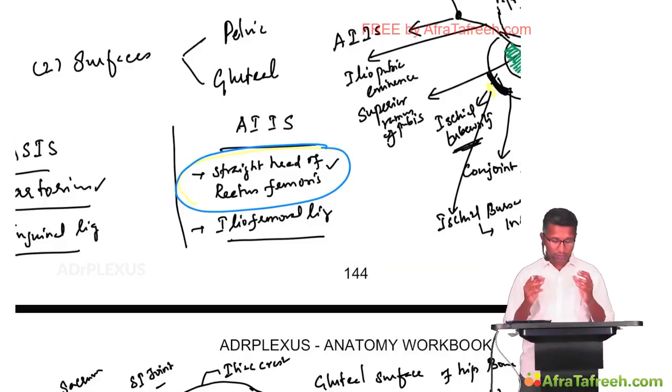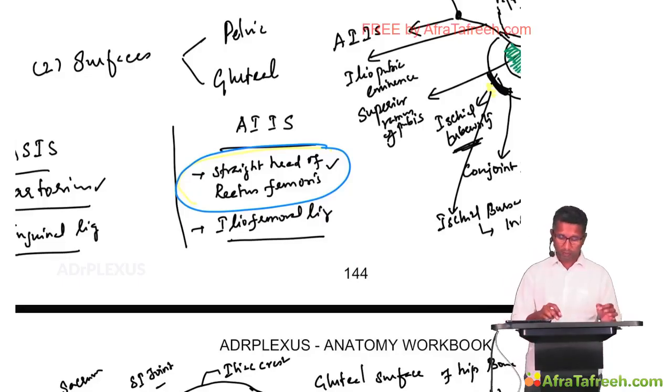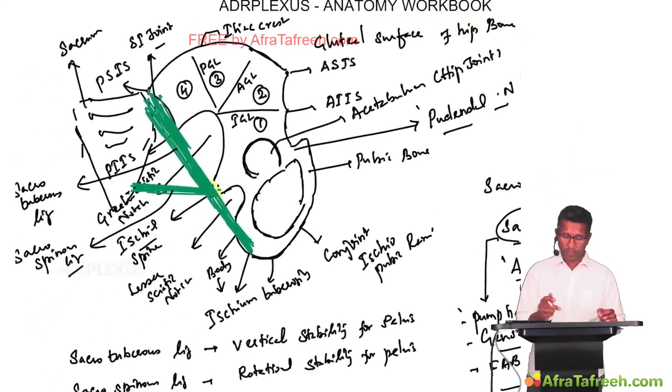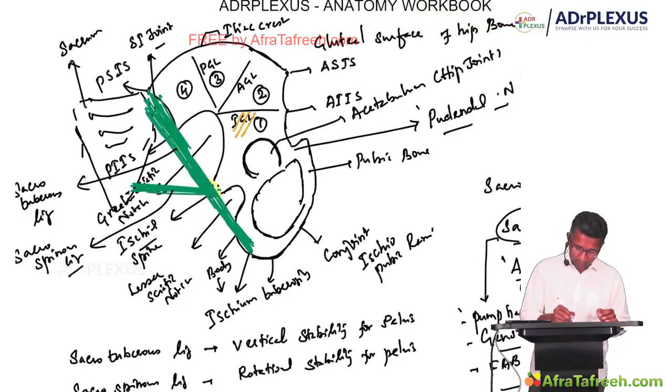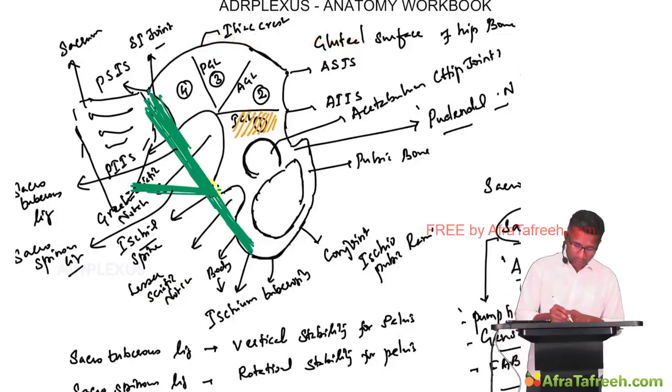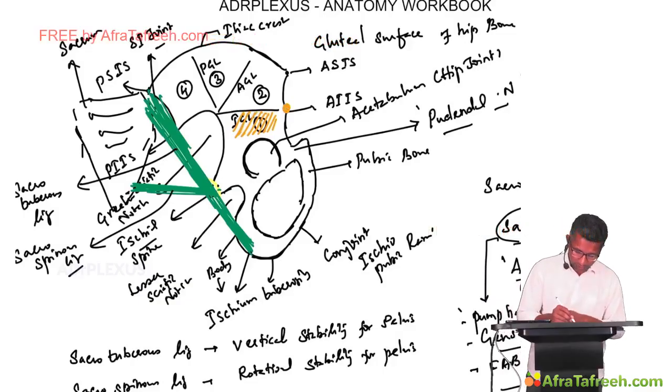I don't know how many of you have got this point. So this is the straight head of rectus femoris, which is arising from the anterior inferior iliac spine. And when you see this area just above the acetabulum, below the inferior gluteal line, is the area where you get the origin of the reflected head of rectus femoris. So the anterior inferior iliac spine gives rise to the straight head, and the area above the acetabulum gives rise to the reflected head.